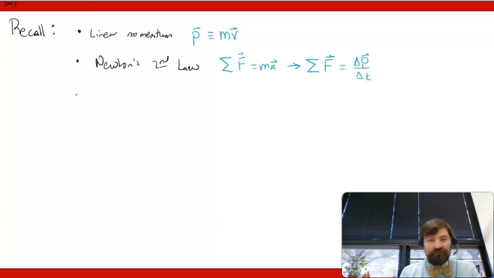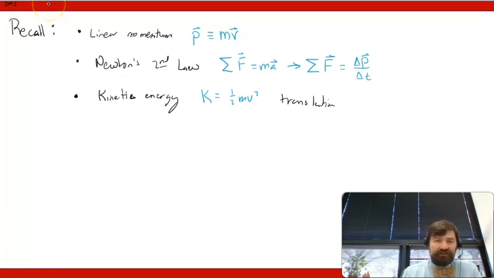Next up, we have that there are rotational analogs to some things. We had energy, so kinetic energy for translation. Kinetic energy was given by K is 1/2 mv squared, and this was translation.